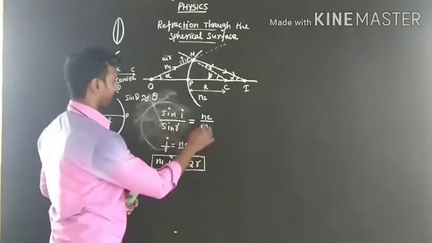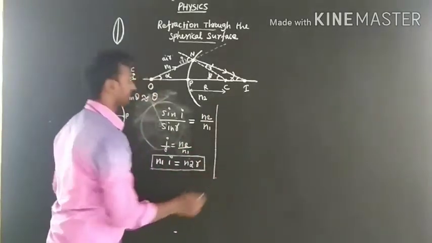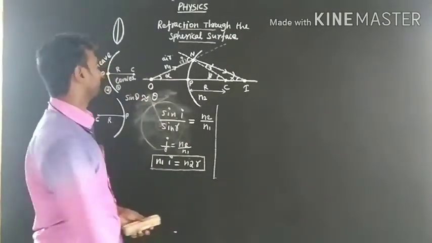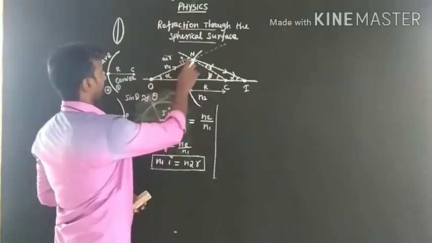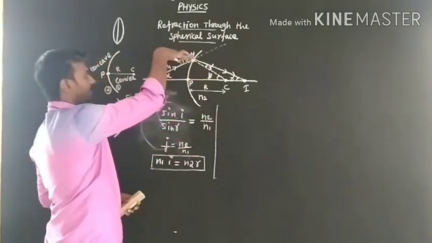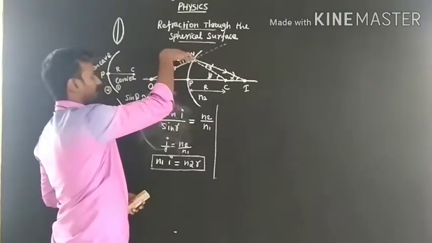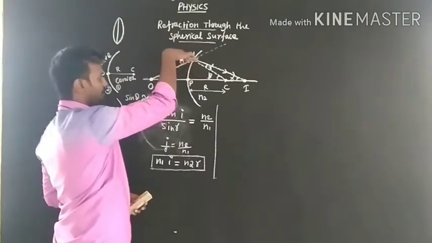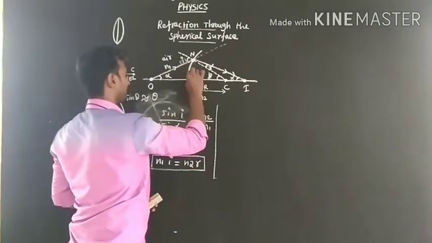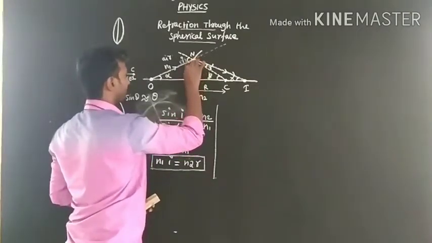Next, consider the triangles. Now I am going to consider three triangles. One is NOP. Suppose if you consider the paraxial rays, all the angles are very close to the principal axis, then the arc of this line is assumed to be a straight line.